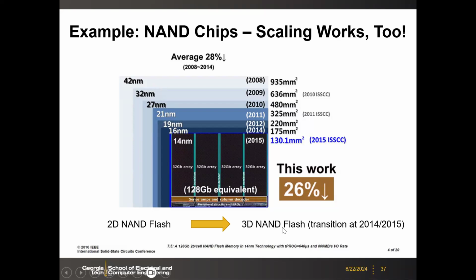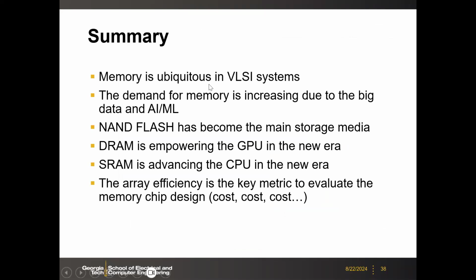Okay. So here, this is a quick summary. Memory, you can find in many places in the VLSI system, right? The demand for memory is ever increasing because of the big data and AI, ML workloads. The NAND Flash has become the mainstream storage media, from your SSD to your SD card to your USB, and also in the data center for storage.